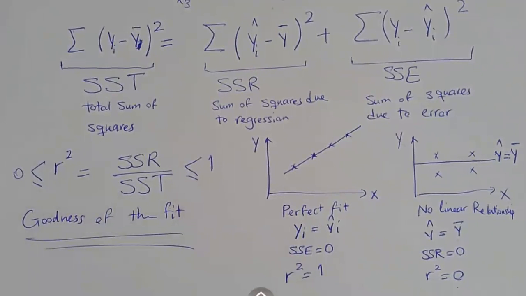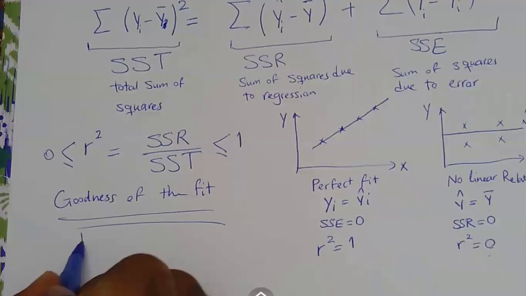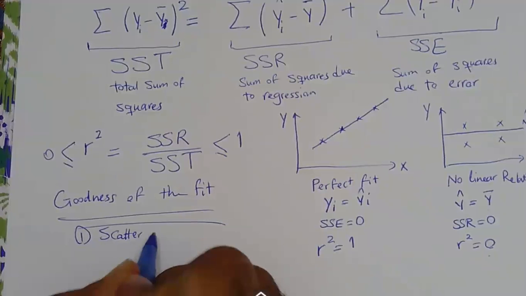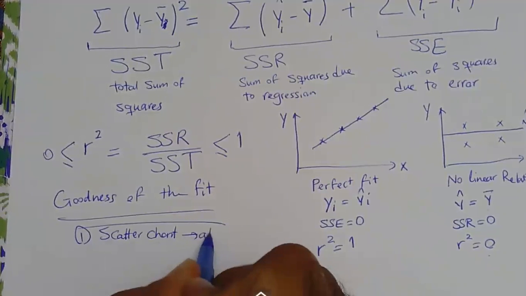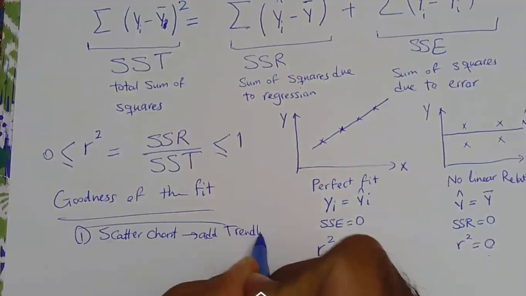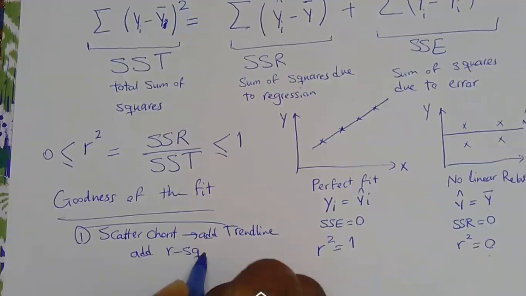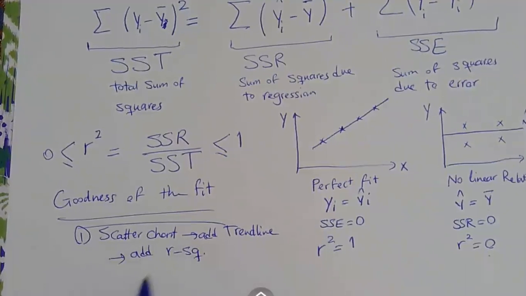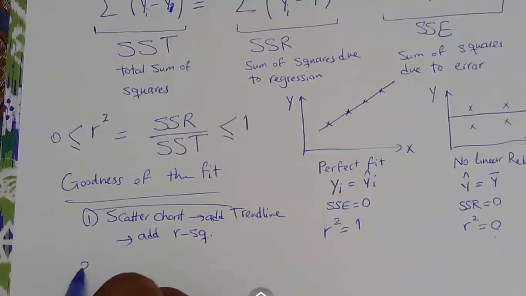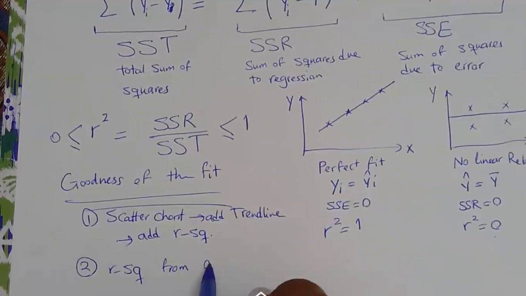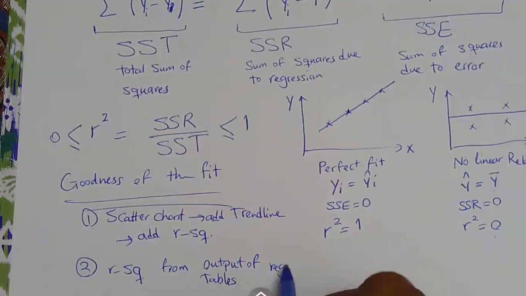for linear regression. You can get it in 2 ways in Excel. You can get it either from a scatter chart, add trend line, and then add equation and R squared, or you can get it from the summary output or output tables of the regression tool.